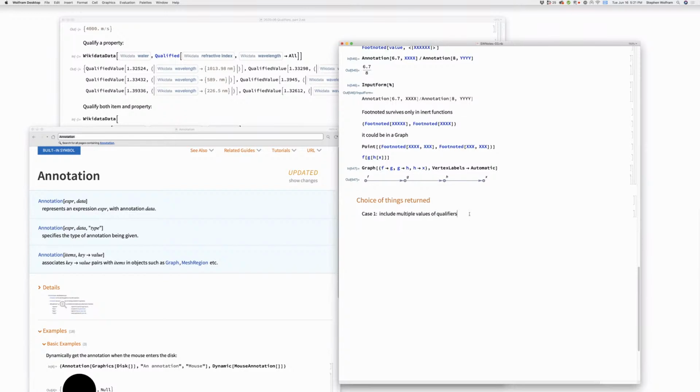In other words, you think of the value, what's the population of London? Well, don't return one thing, return its time series across dates. Case two is return rounded, return footnoted.